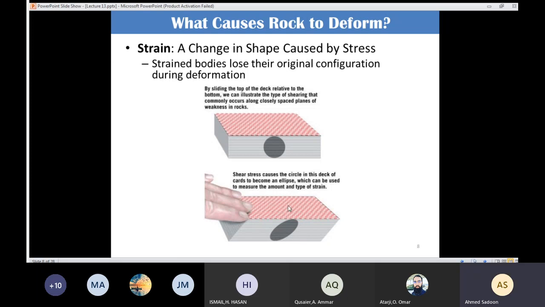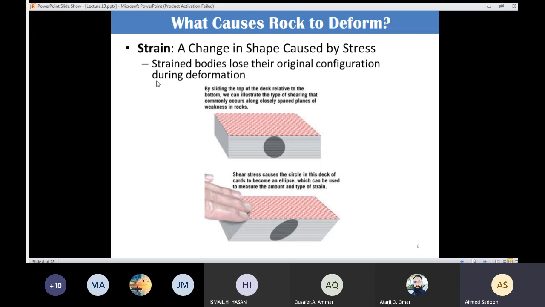Did you notice the difference between the circle in the beginning and after we applied shear stress? Yes, deformation happened. Instead of a circle, we are going to have an ellipse. So we measure the amount of strain by how much the circle has been changed. So here is the idea of strain.